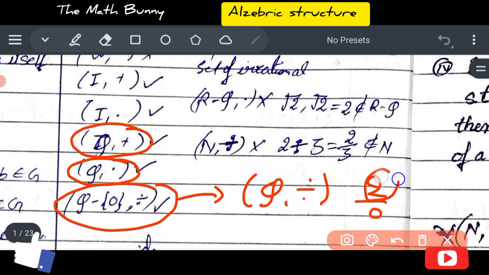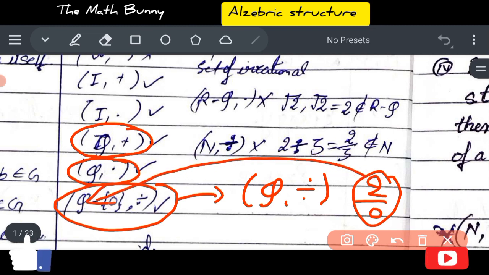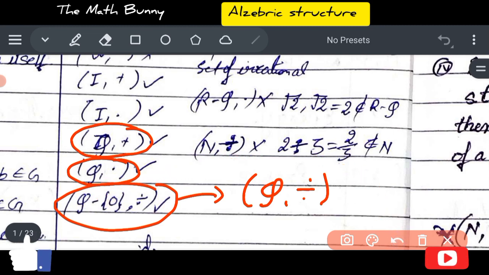Here both are rational numbers, but the result is undefined, which does not belong to the set Q. So this is not an algebraic structure.